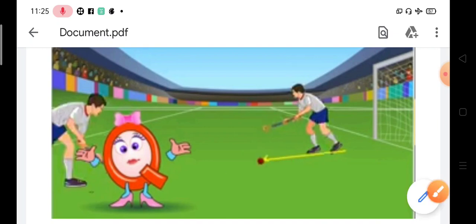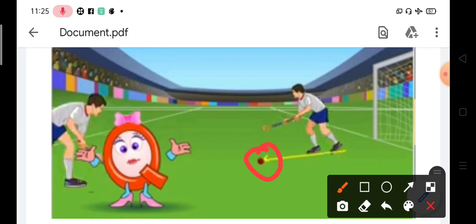So the ball is in contact with the ground, so there will be a friction force. The ball is moving forward and the friction force is acting backward. As a result, after some time the ball will stop. This is the resisting force, or the stopping force. Frictional force is the stopping force.